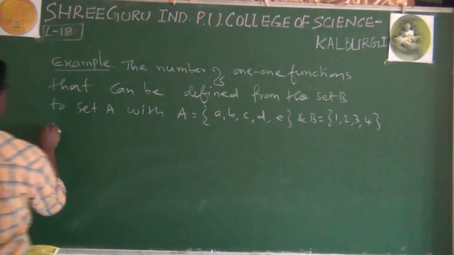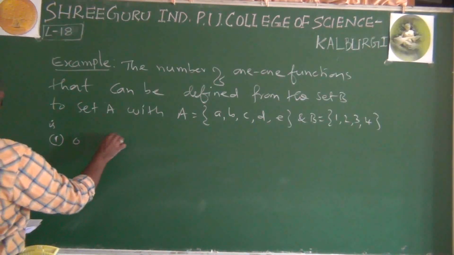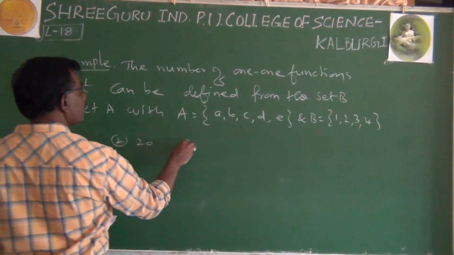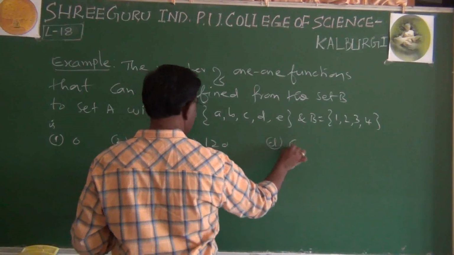The options: first option 0, 20, 120, 625.